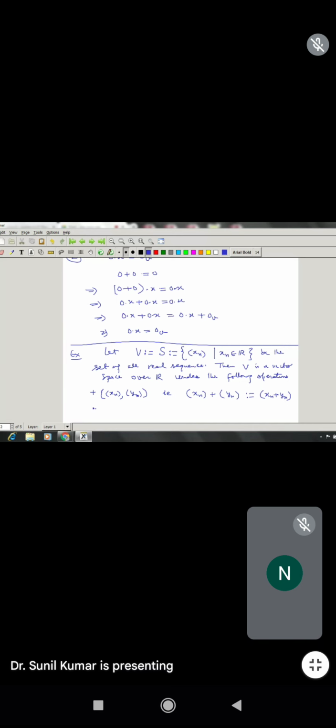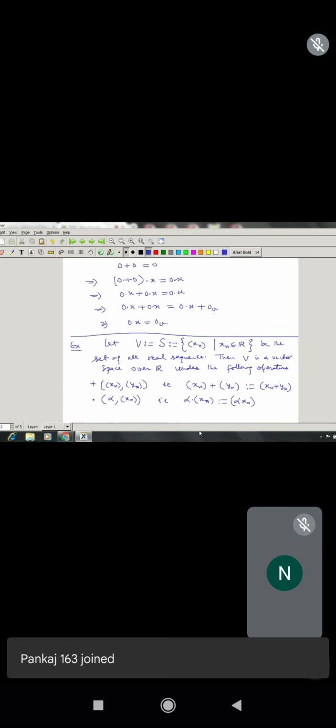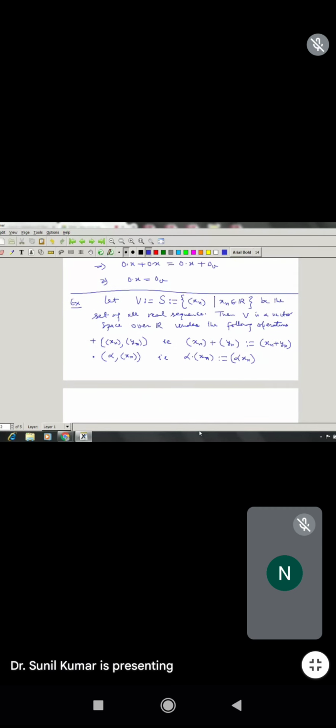The second is scalar multiplication. We take alpha from the field and xn from the vector, that is alpha dot xn, and this is defined as alpha xn. Then by using these addition and scalar multiplication, this V becomes a vector space.